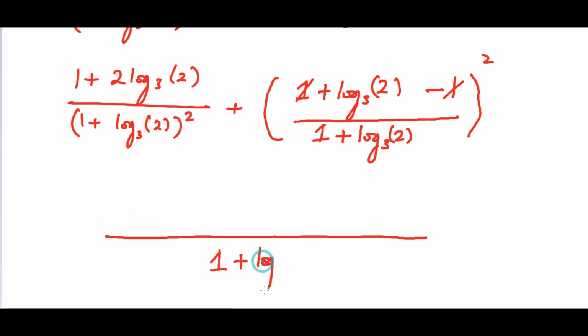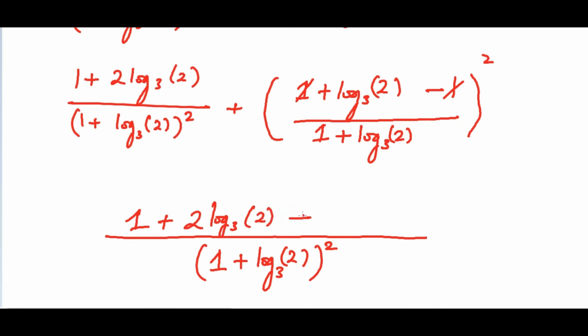1 plus log of 3 base 2, whole square, and this part 1 plus 2 times log 3 base 2. Up here you can see we are left with only plus log of 3 whole square. This thing has a square.